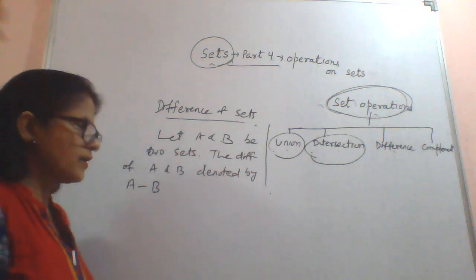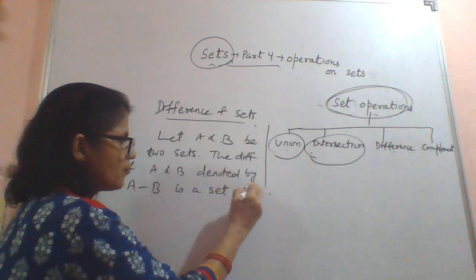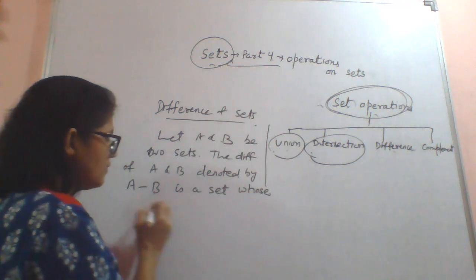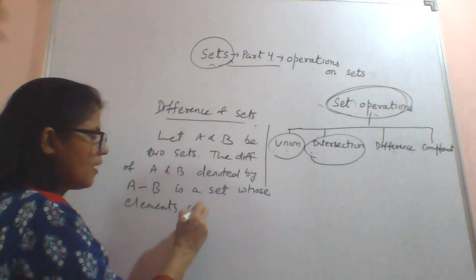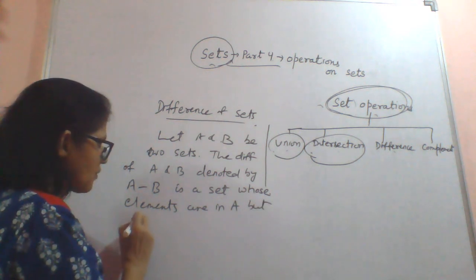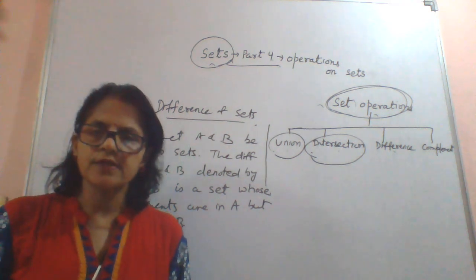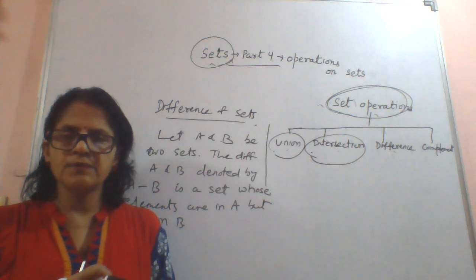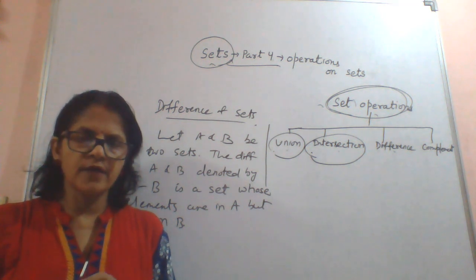A difference B is a set whose elements are in A but not in B. So A difference B is basically a set whose elements are in A but not in B.